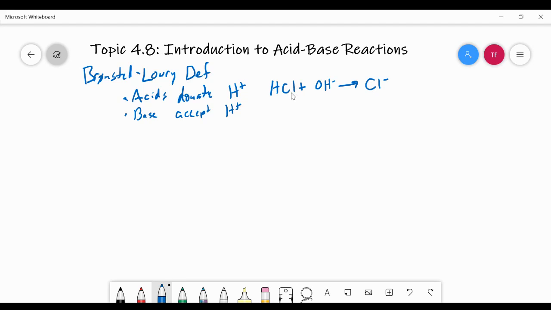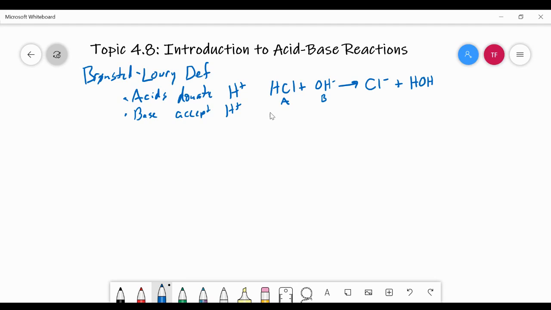So the chloride was left behind, and the hydrogen transferred to the OH, and we made water, HOH, which I'm going to write as HOH rather than H2O to show that the hydrogen attached itself to the hydroxide, the OH. So you'll notice, this substance gave away a hydrogen, and this substance gained a hydrogen. So that, by definition, makes this an acid and this a base.